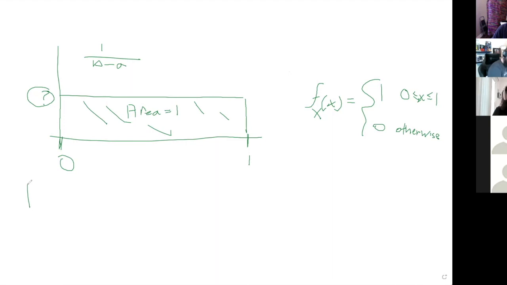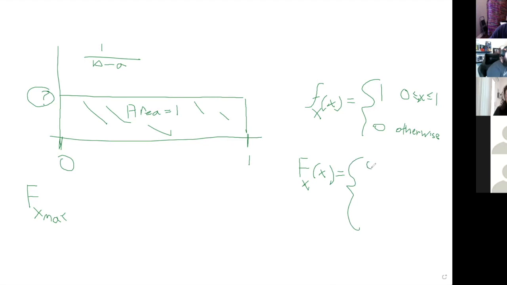So then the CDF would be 0 if x is less than 0, x if x is between 0 and 1 inclusive, and then 1 if x is greater than 1.